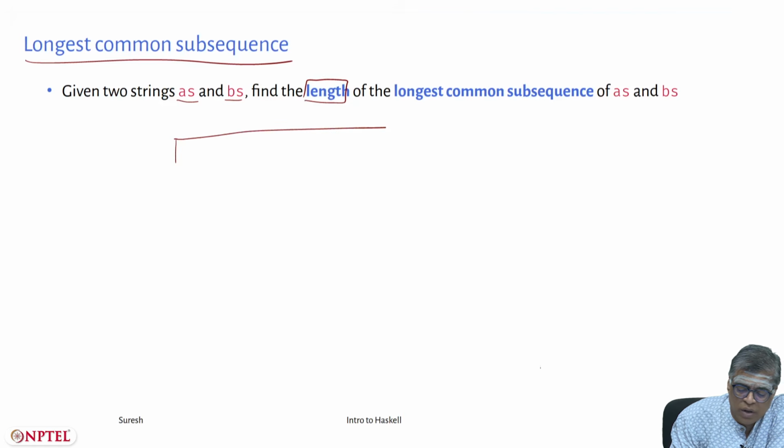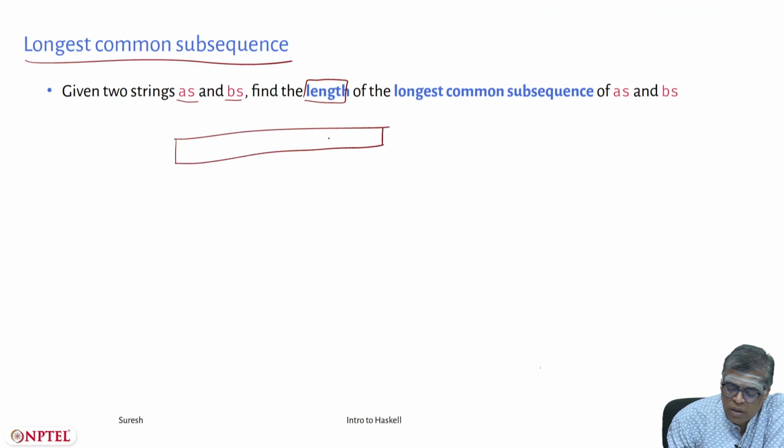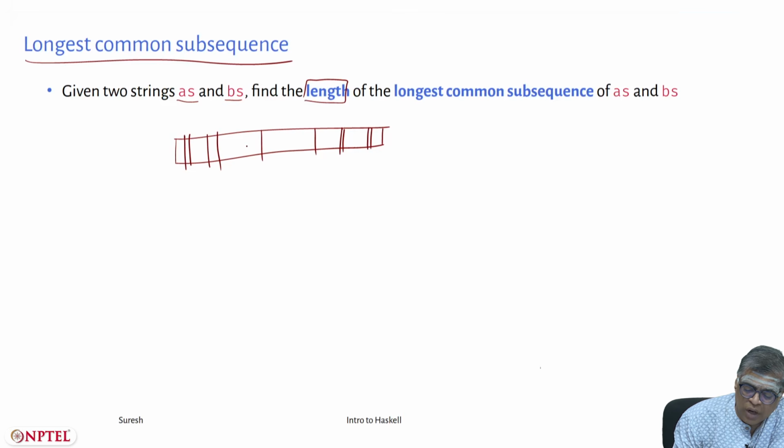Suppose I have a string. A subsequence is one where I would just take this, maybe this, maybe this, and I take these in order.